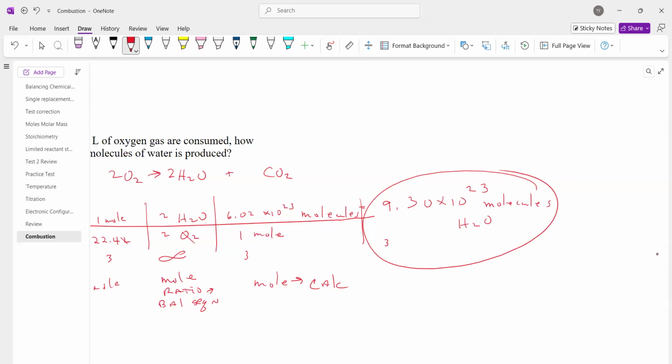Are there any questions on this last one? Remember, there are 3 conversions. 6.02 times 10 to the 23rd of anything, atoms or molecules, per mole. 22.4 liters per mole for gases.